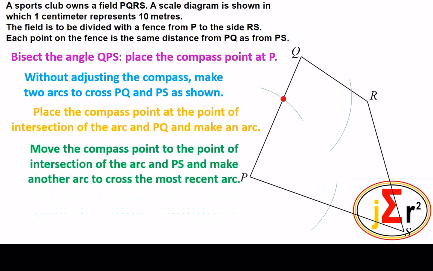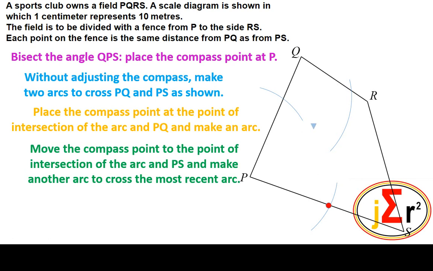Place the compass point at the point of intersection of the arc and the line PS, and we will make another arc. So these were the first two arcs. We move the compass point here. It just makes sense that here is where we will place the compass point next.